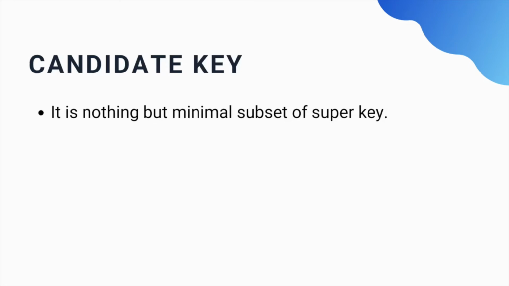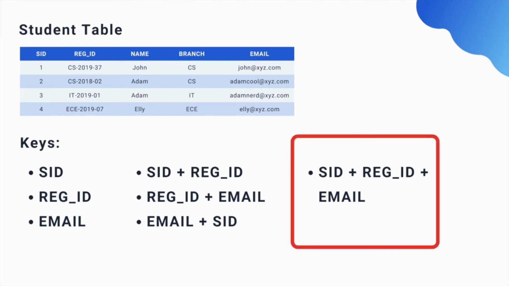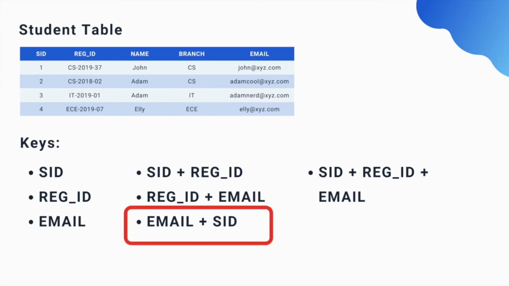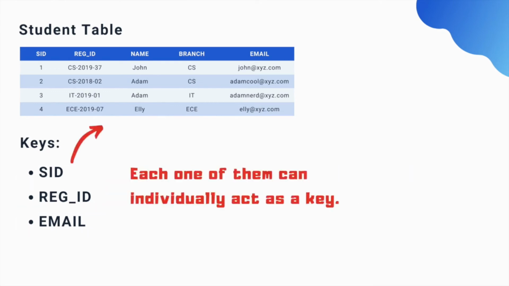It is the minimal set of super key which can be used to uniquely identify rows of data in a table. We saw that we have so many options for super keys, but most of them are formed by unnecessary pairing of keys, like email ID, SID, registration ID together as a key, or email and SID as a key, when email, SID and registration ID can individually uniquely identify a row of data.